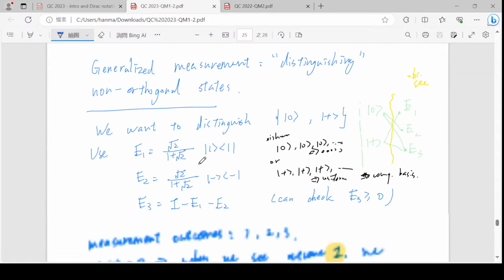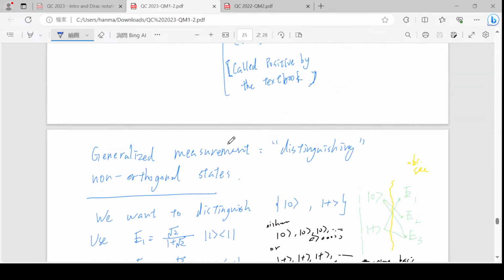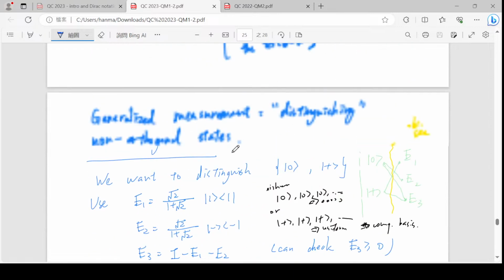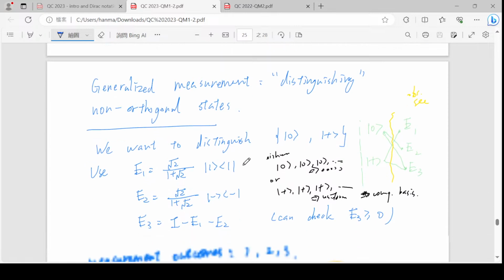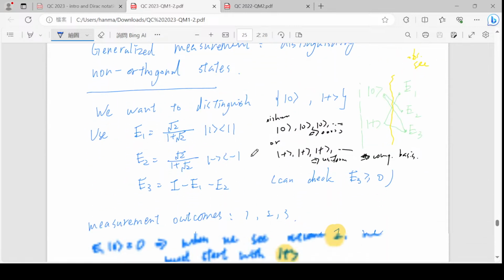Then here we give a little example of how to use E_i to describe something. We have an imperfect distinguishment between the |1> state and the |0> and |+> states. So we have E1, E2, E3. E1 is a projector onto |1>, scaled by something, and E2 is a projector onto |0>, scaled by something, and E3 is identity minus those two.